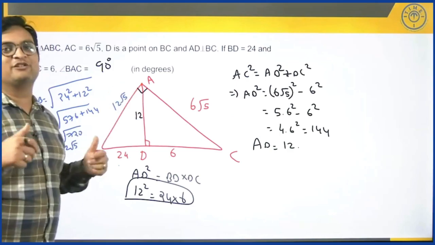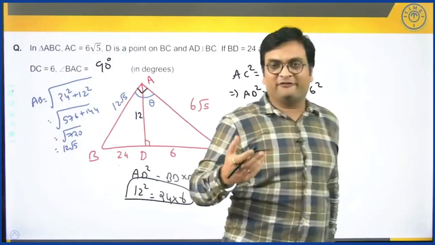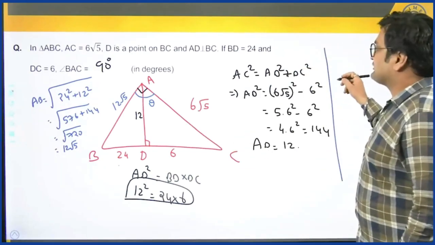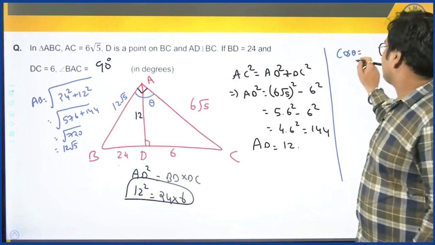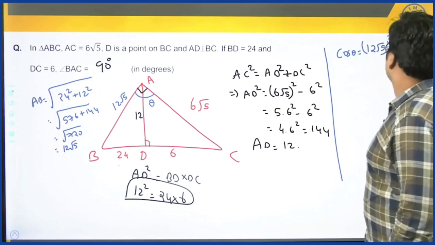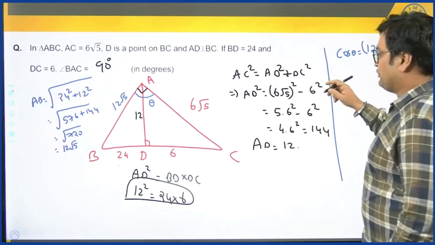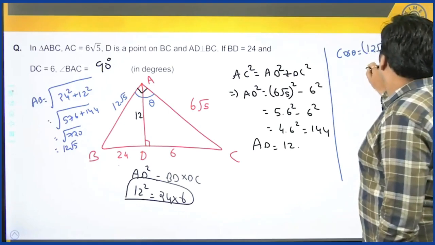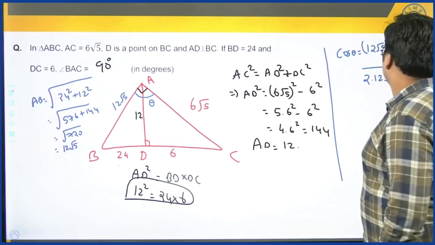Now you can apply cosine rule here. Let's call this angle theta. The cosine rule works like this: cos theta is equal to sum of the squares of the adjacent sides minus square of the opposite side, by 2 times product of the adjacent sides.